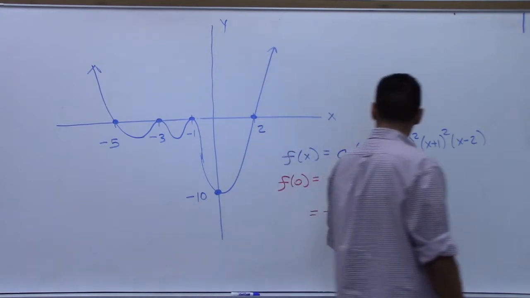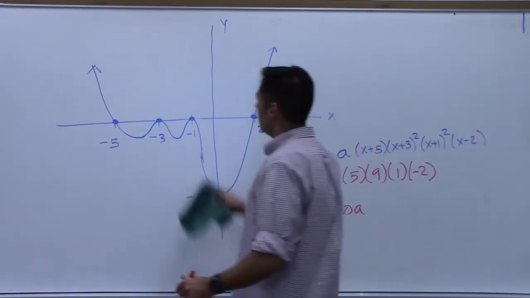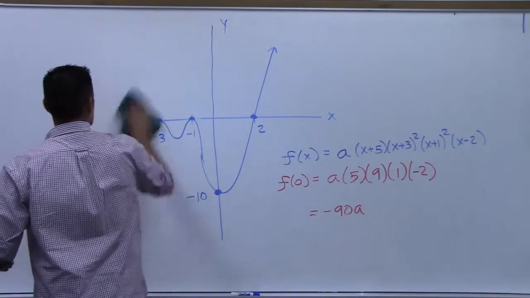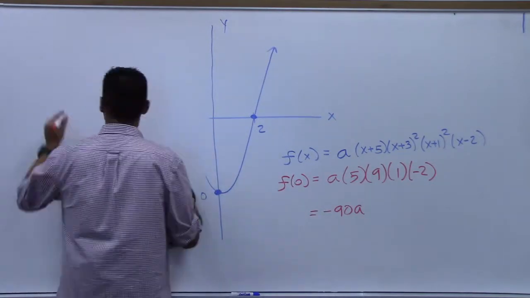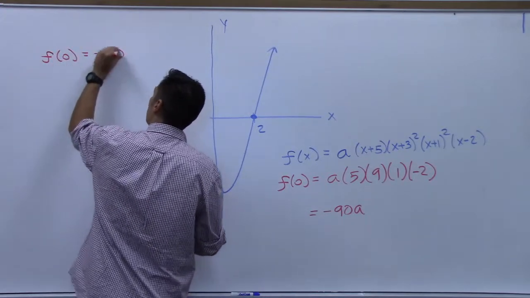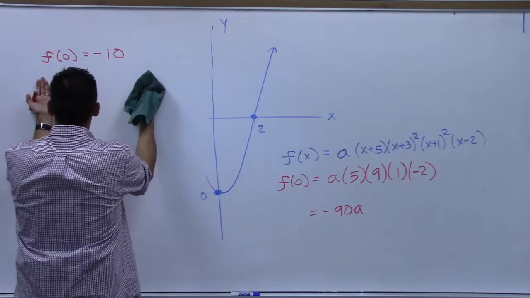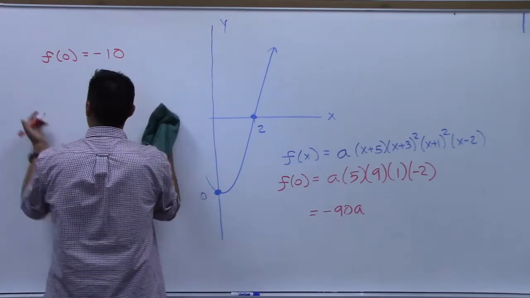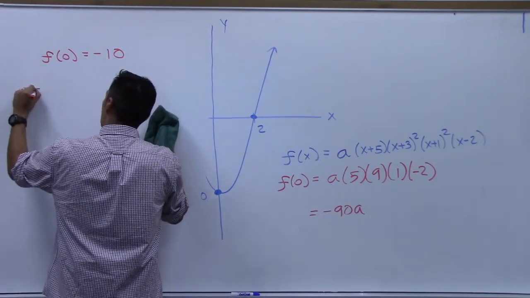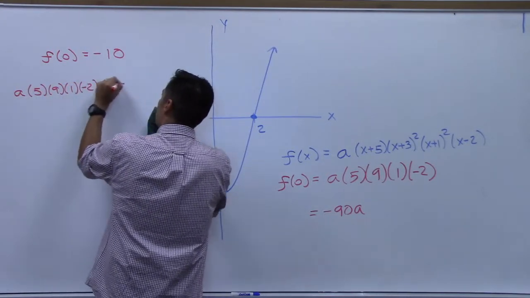So this must equal, I don't like the way I wrote that. I'll write it like this. This is a better notation. What I needed was f of 0 to be equal to negative 10, right? That's what I needed? So I'm going to work the left and right hand sides down like this. The left side became a, 5, 9, 1, negative 2. The right side still negative 10.